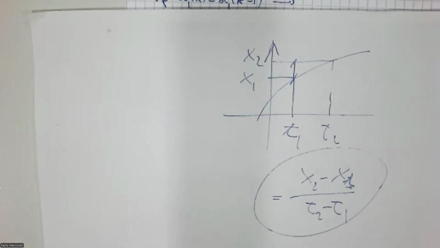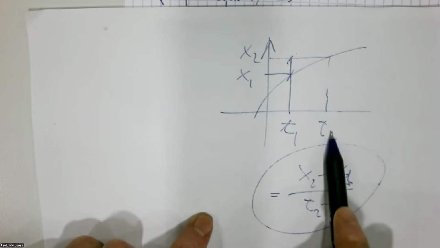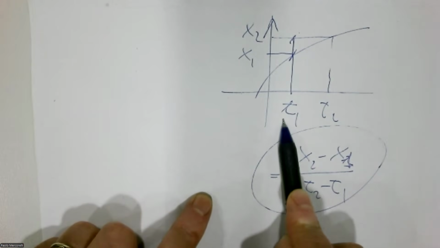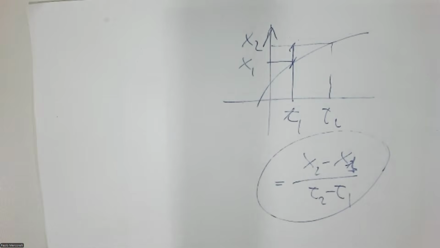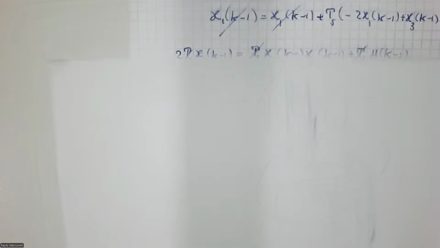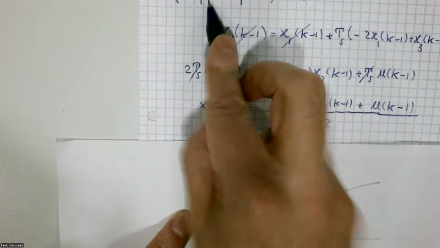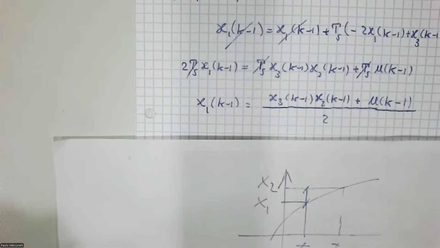This means no big change between x2 and x1, and when the difference between T2 and T1 is also very small. When both together, much better, but at least one of them which can guarantee that x2 and x1 don't change much. In our case it means x1 of k and x1 of k minus 1 don't change. Again, they don't change when the dynamics of x1 is quite slow.